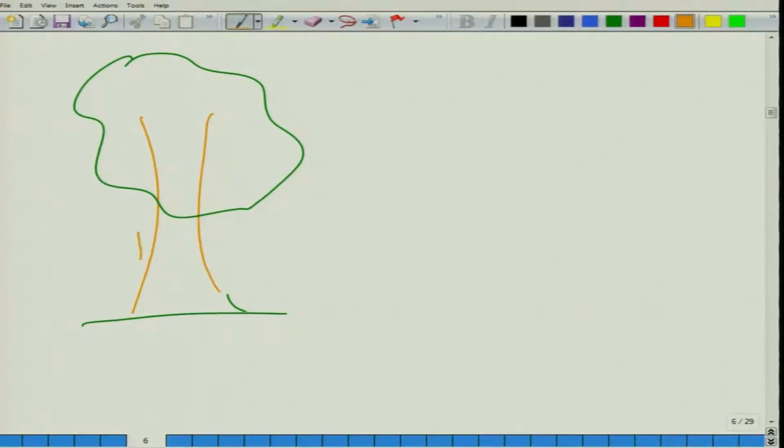Suppose this was the displacement in the first case, in the second case your displacement became like this, and in the third case your displacement came to be like this. Now, whether you are going to include this tree as a tally or a half tally needs to be taught to the people who are out there in the field.